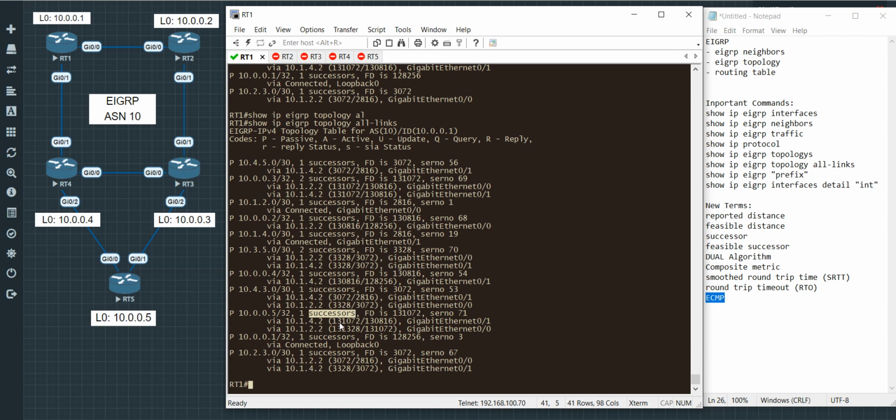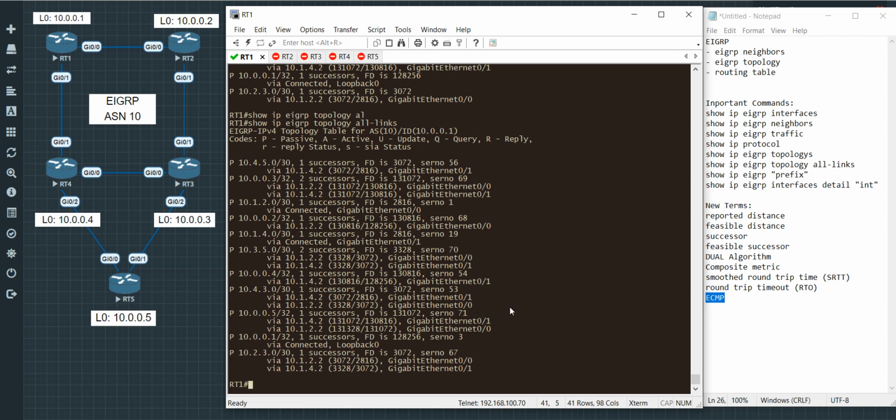But say, for example, if we wanted to make this route a feasible successor, the only way for us to do that is to increase this value, the feasible distance, so that it's higher than this value. And EIGRP gives us the ability to do that.